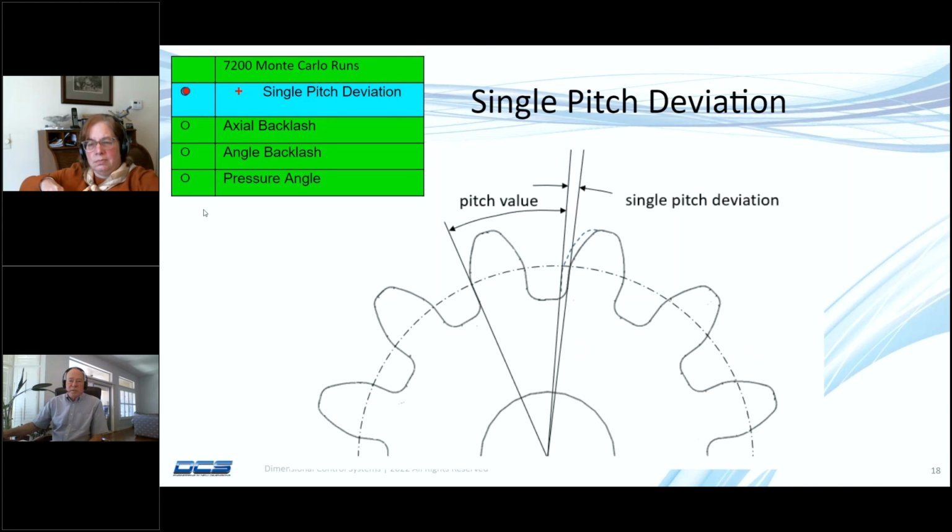One of the measurements is the single pitch deviation, and that's the value of the true or the nominal tooth to the actual position of the tooth as you compare one tooth to the other tooth. And this is a measurement that's very important for gears, and it can be done in our DCS as an add-on measurement. It's not part of the gear module.